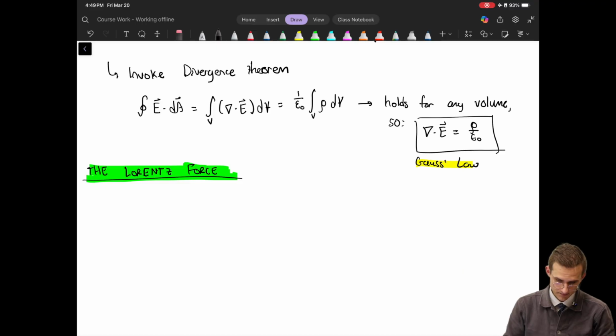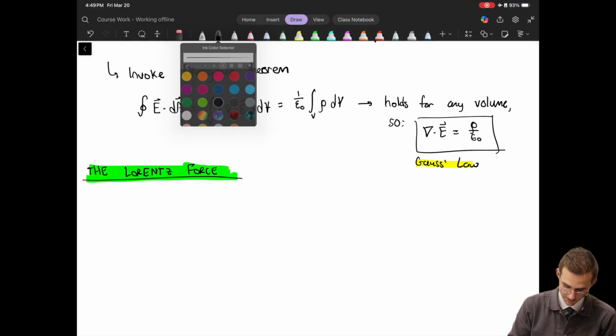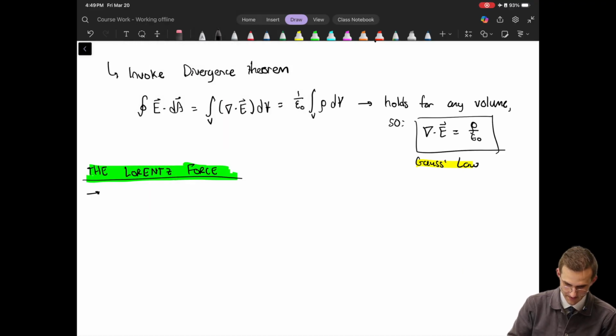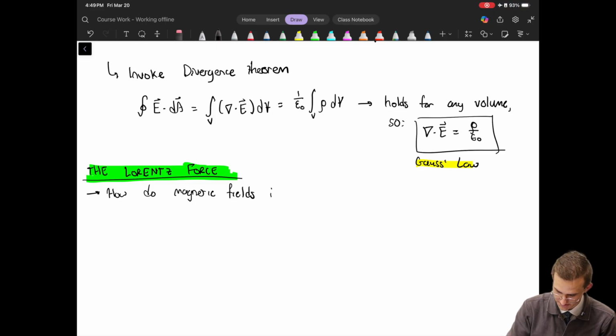So the question, like I said, is how do magnetic fields interact with test charges?